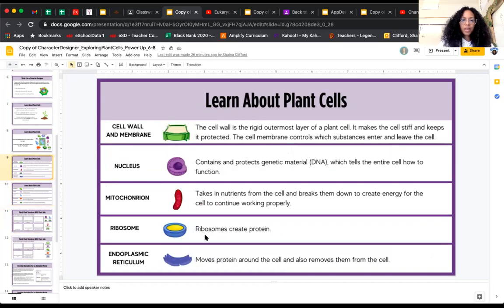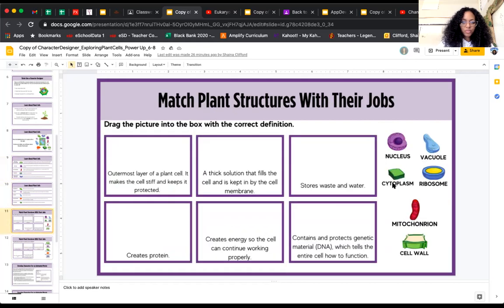Oh, and you guys had it right, ribosomes. So I would drag the ribosome into this box. Let's try another. What contains and protects the genetic material which tells the entire cell how to function? You got it, the nucleus, and you know that's my favorite because they made it purple.